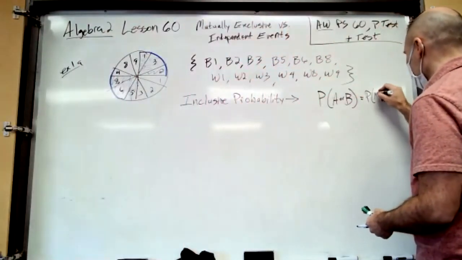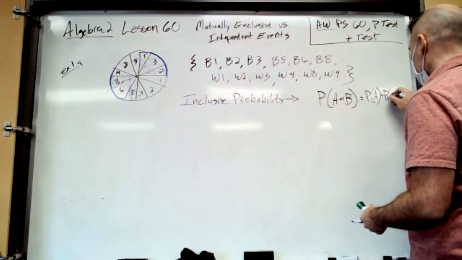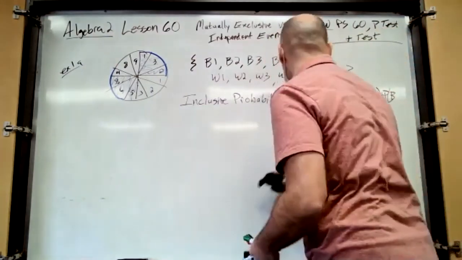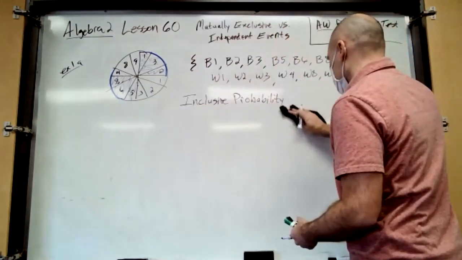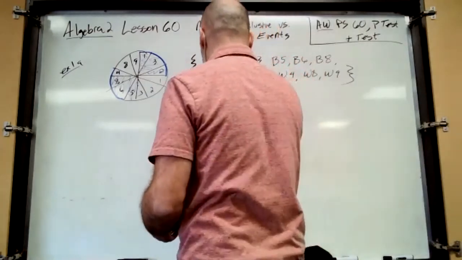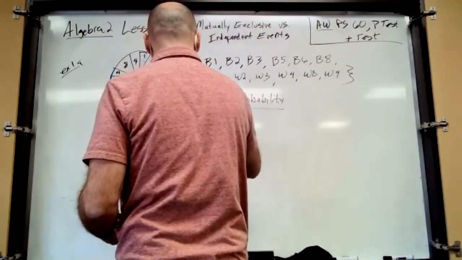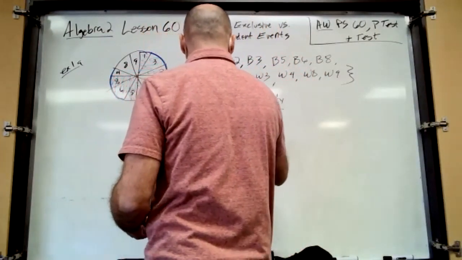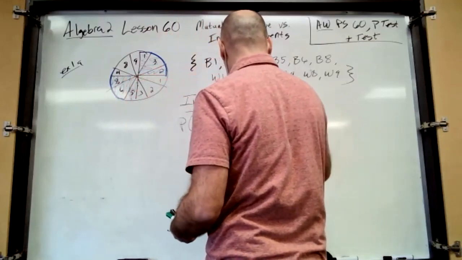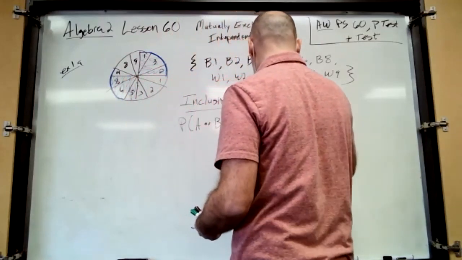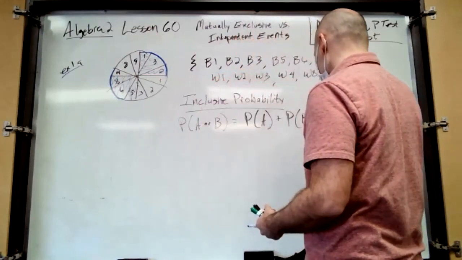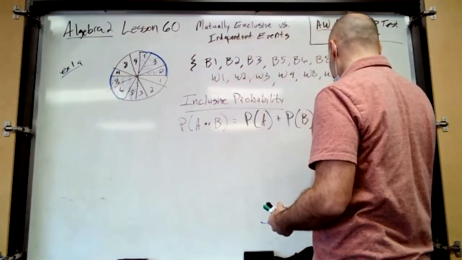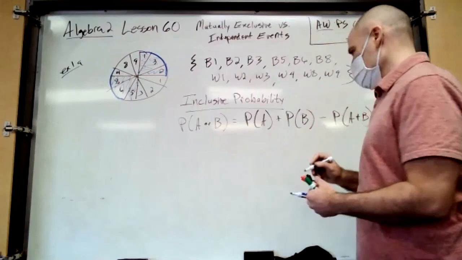So P of A plus P of B. I'm going to rewrite this so you can see it. So probability of A or B equals probability of A plus the probability of B minus the probability of A and B. Okay?